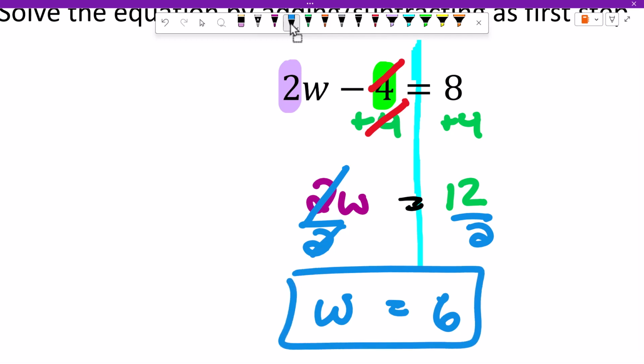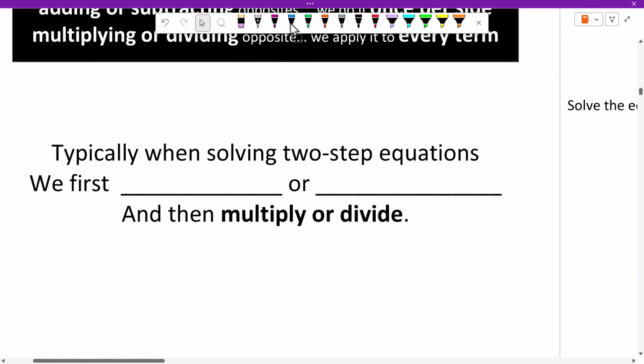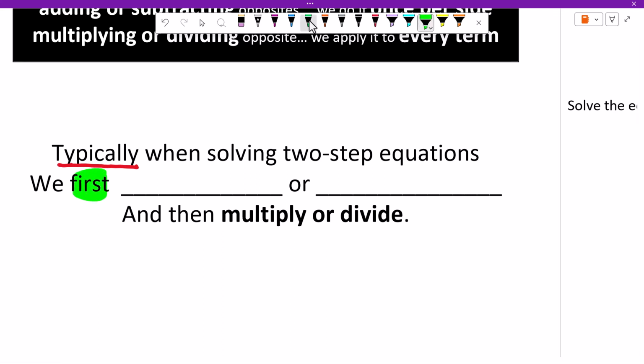Okay. So in grade 8, what we said is going to go over here. Typically, when solving two-step equations, the first thing we want to do is add or subtract.